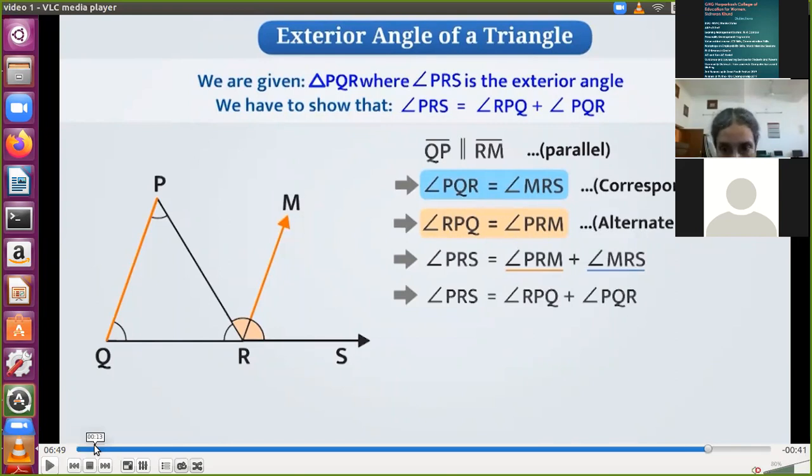So in place of MRS, I put the value angle PQR. So in this way, we have proved what we wanted to prove, that angle PRS is equal to angle RPQ plus angle PQR. So this is what the exterior angle property says, that the exterior angle of a triangle is equal to the sum of its interior opposite angles.